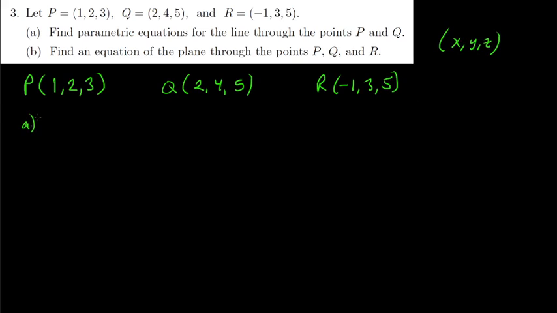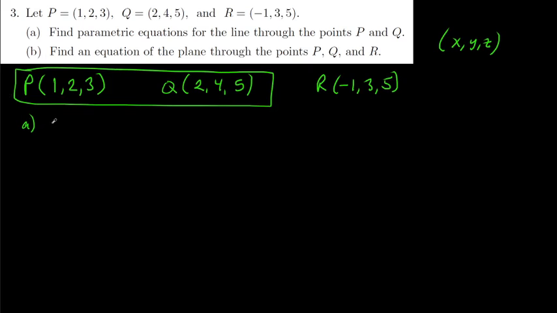Right, so part A, we're looking for the parametric equations of a line passing through points P and Q, so this has nothing to do with R. And the easiest way to get the components is to use x0, y0, z0.